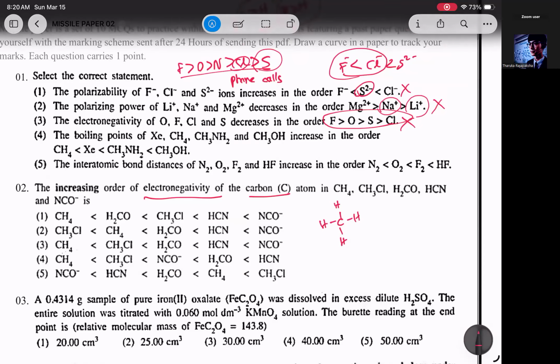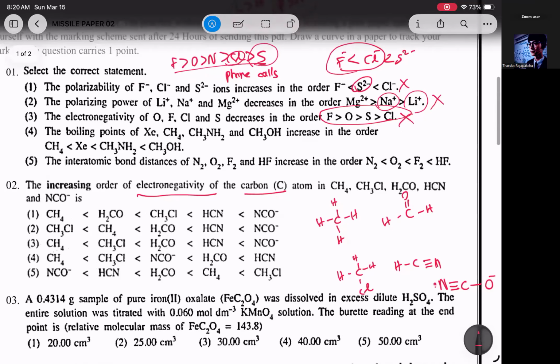This is COH2. Meanwhile, this is CH3Cl. And then this is HCN. And this is NCO. Right. So yeah, you go. So these are the structures of the compounds.